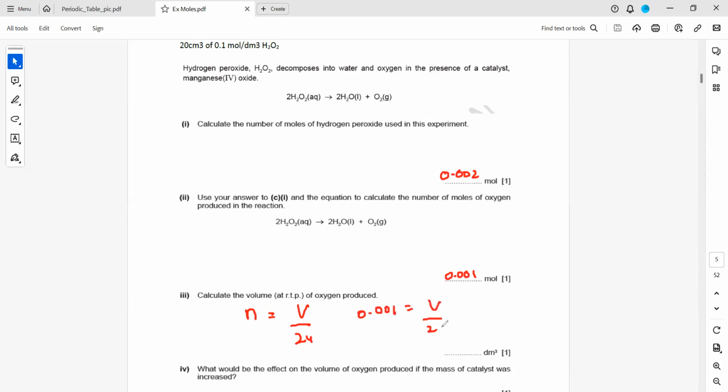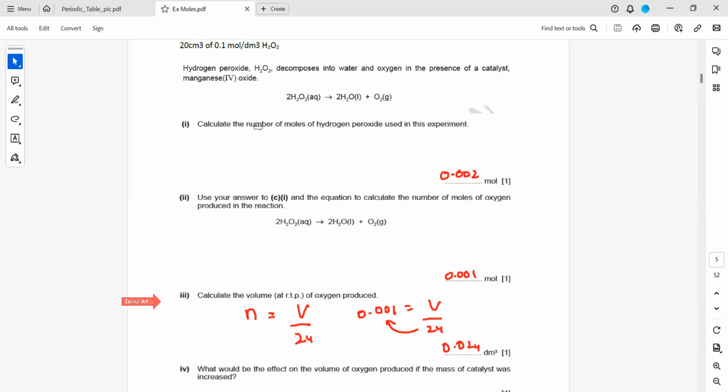Volume we don't know, divided by 24. 24 is divided, on the other side it will be multiplied. So 0.001 multiplied by 24, we'll get 0.024 decimeter cube. So this will be the volume of oxygen. So that's how we work out the volume of oxygen.